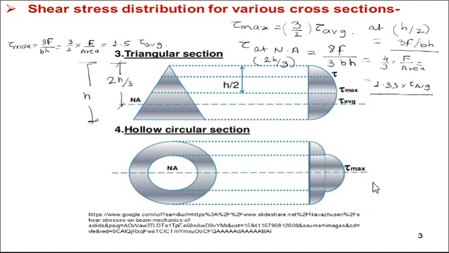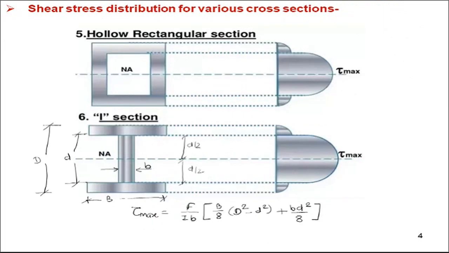Obviously the maximum shear stress exists at the center, at the neutral axis, tau max. You just have to remember the value of tau max and tau average, and where the maximum shear stress, the tau average and the zero shear stress are located.